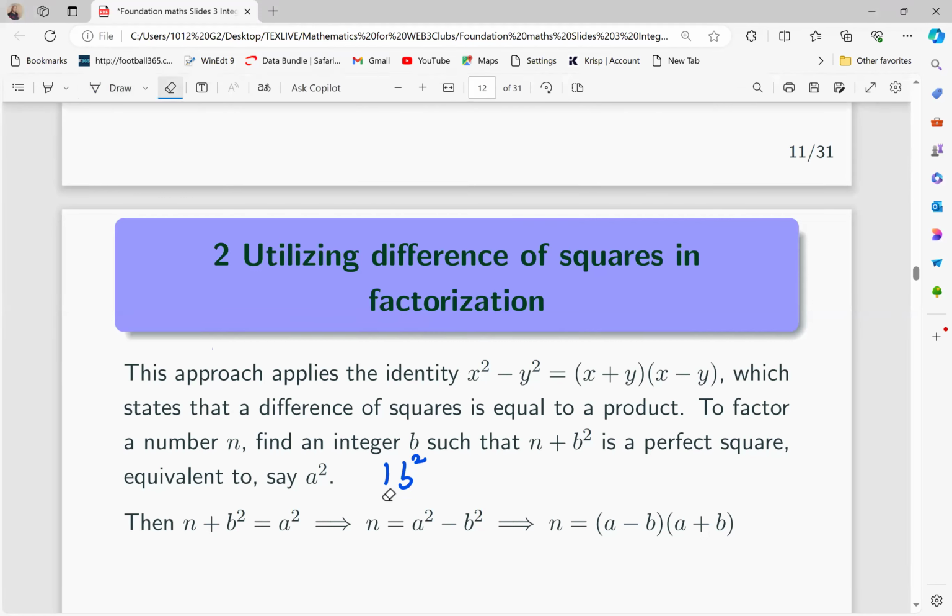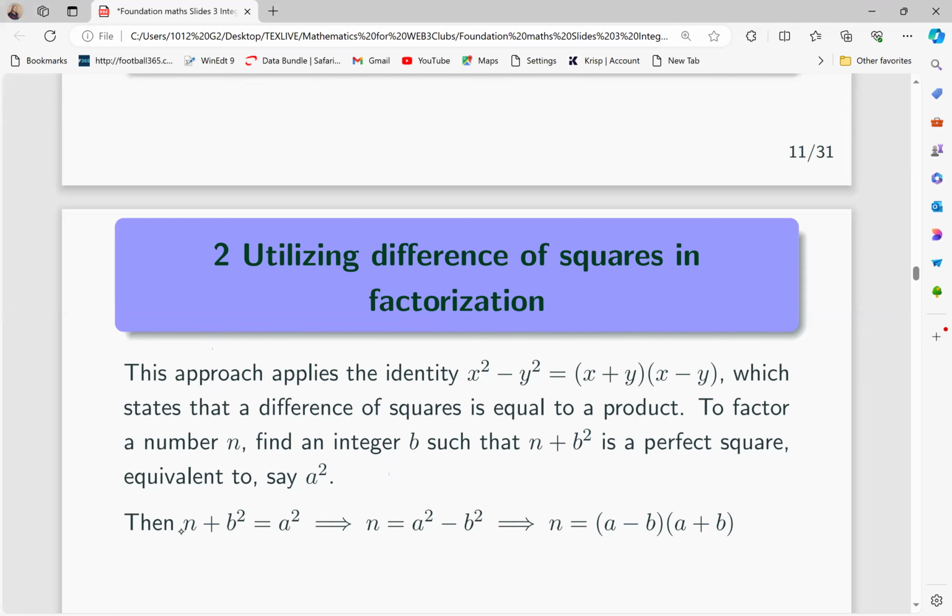Now, let's go to an example, but I think you've gotten what I'm saying. To factor number n, we'll be looking for a number b such that n plus b squared is a perfect square. In other words, a squared equals n plus b squared.